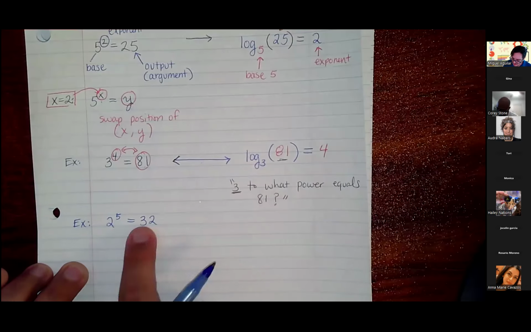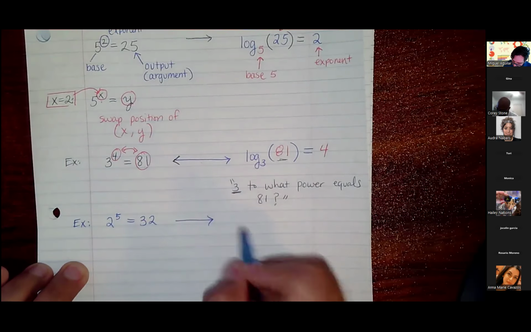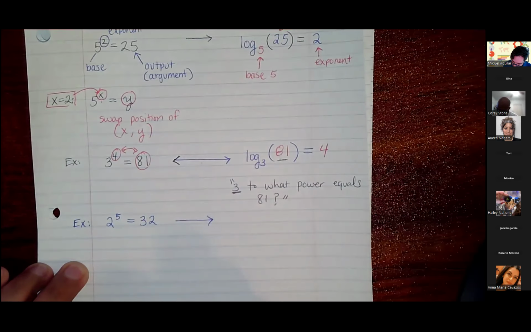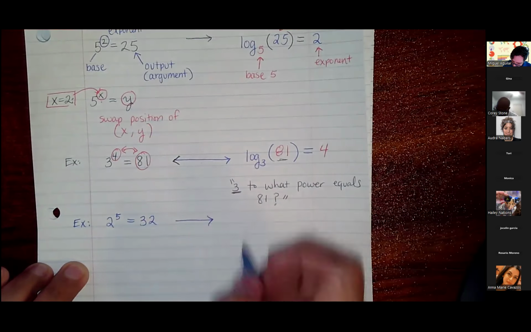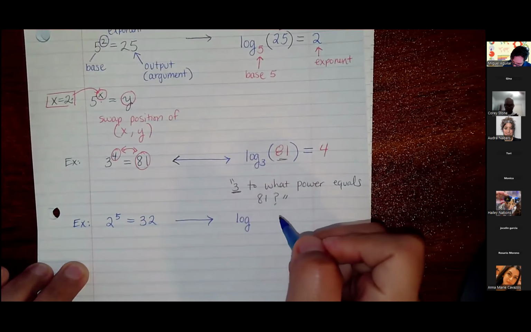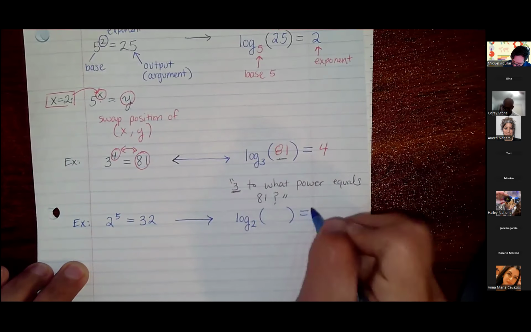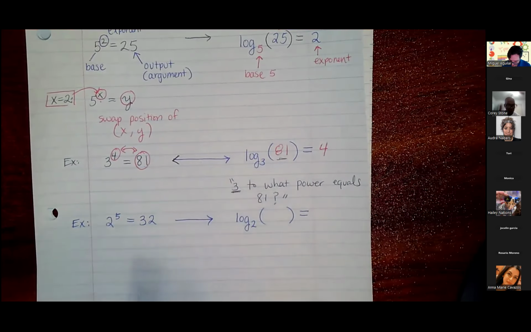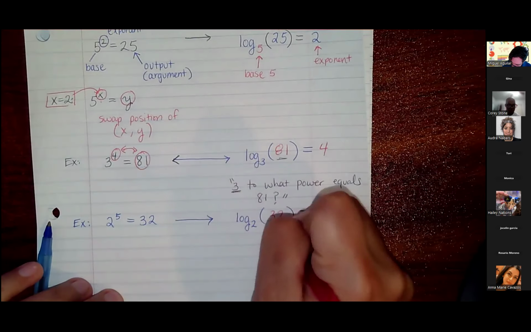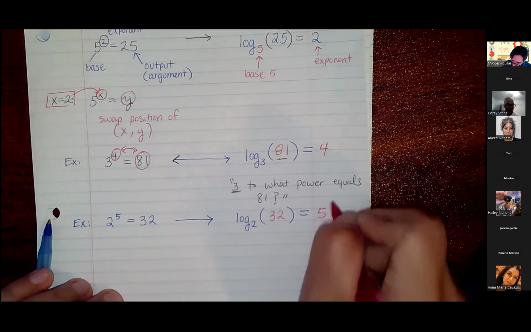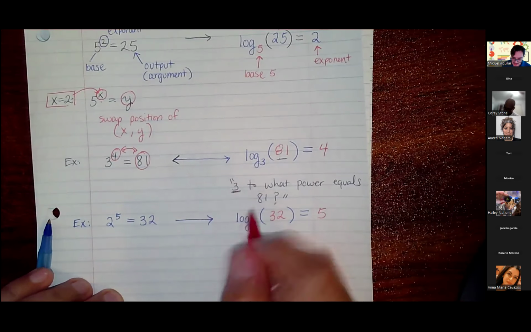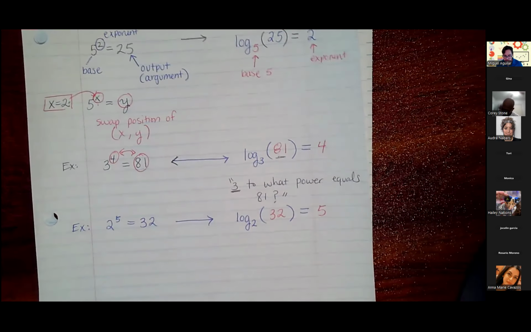So go ahead and write this in logarithmic form for me. What do I need to write down? Log base 2. Open up some parentheses. 32 goes inside, and 5 goes on the other side of the equal sign. That's perfect. You guys okay with that? Does that feel okay?